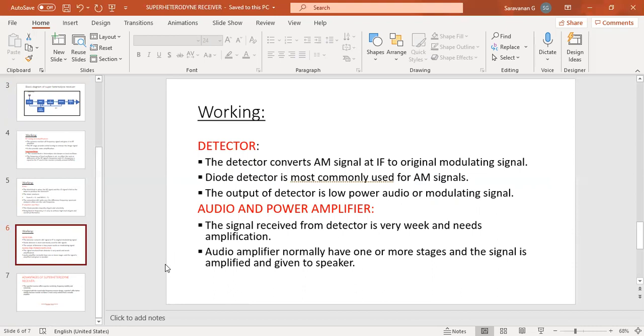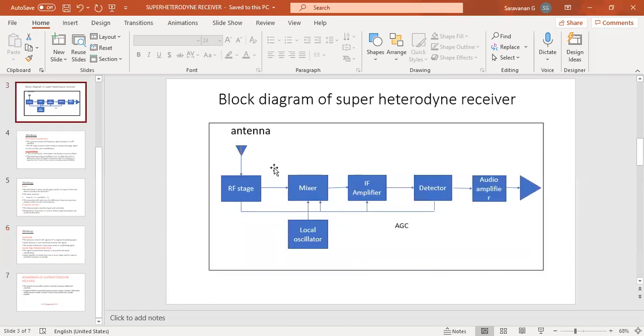So the audio amplifier normally has more stages, and the signal is amplified and then lastly given to the loudspeaker. So finally, this amplified signal is given to the loudspeaker, where the electrical wave which is in the audio frequency is converted into sound wave, which is actually our transmitted information.